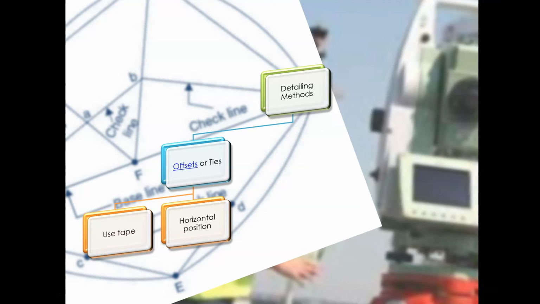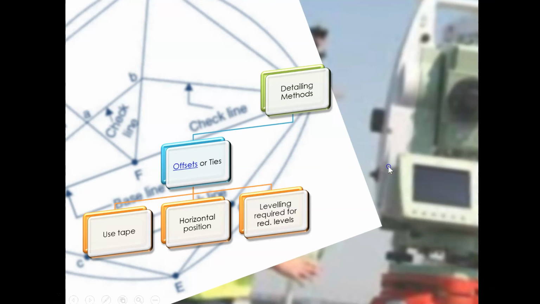So you won't be getting any height information or reduced level, and you need to do some kind of leveling in order to obtain the reduced level of the point if you need. But if you're only concerned with horizontal position, then you don't need to do leveling or some other means of determining heights.